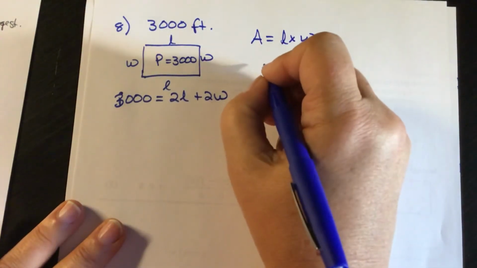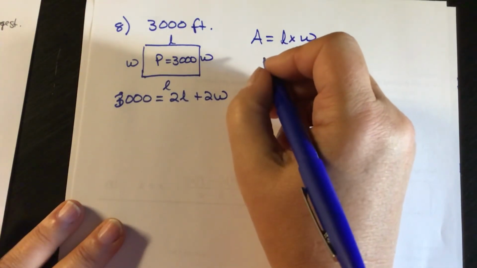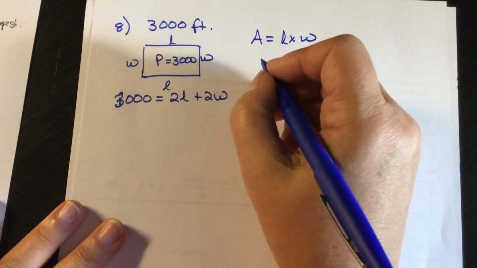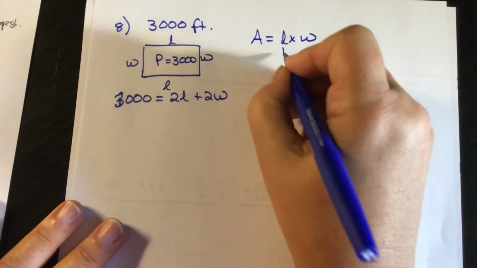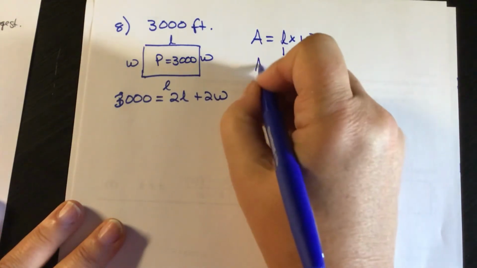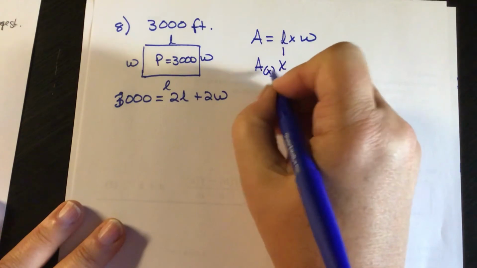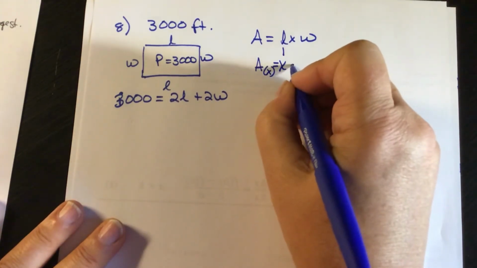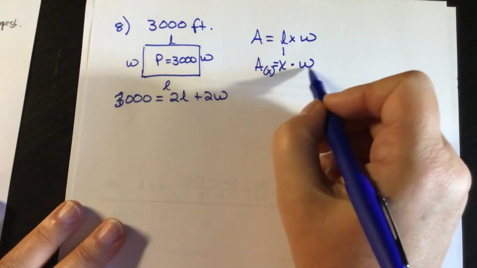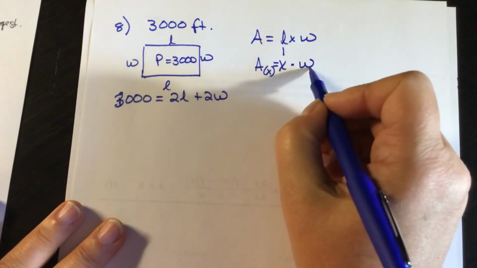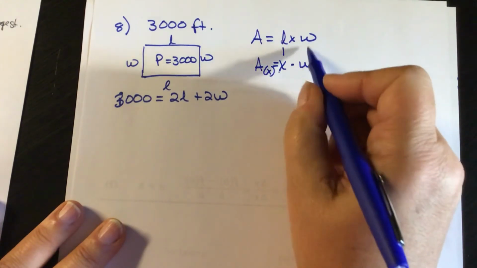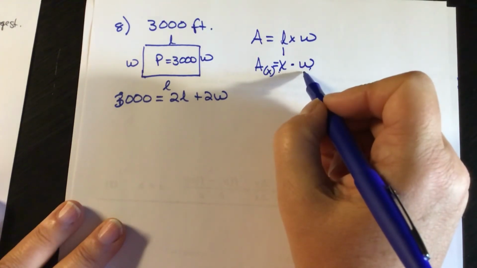And they want us to write an equation based on the length. So they tell us the length is X. So area based on x equals x times w. So here I want to express the width in terms of x. Length is x, now width needs to be in terms of x.